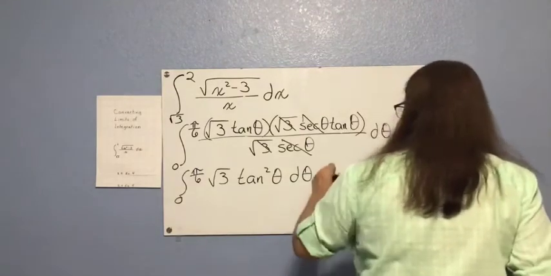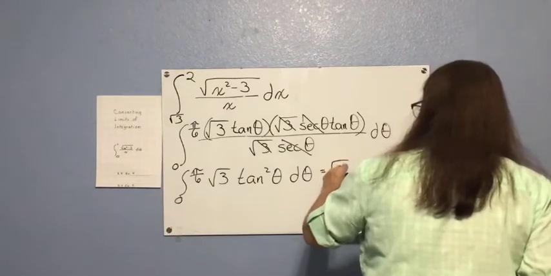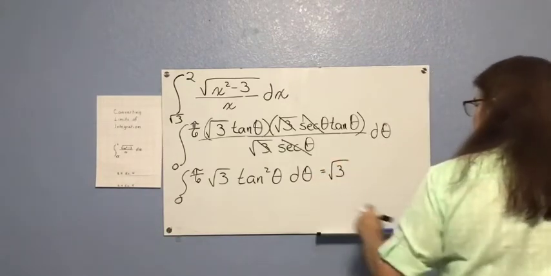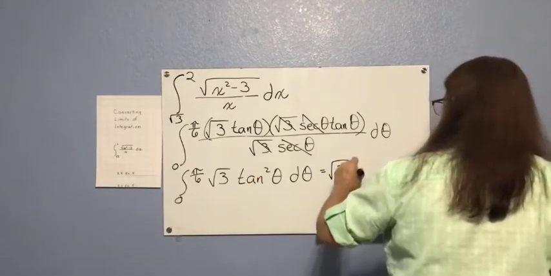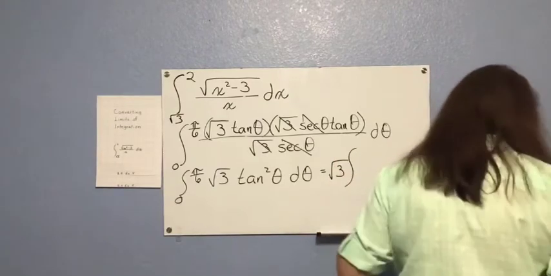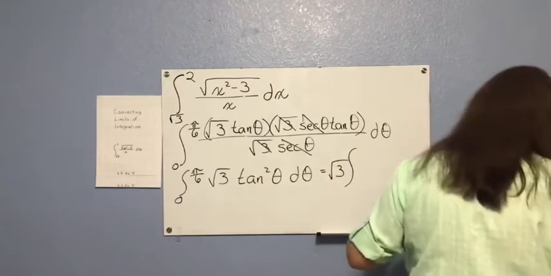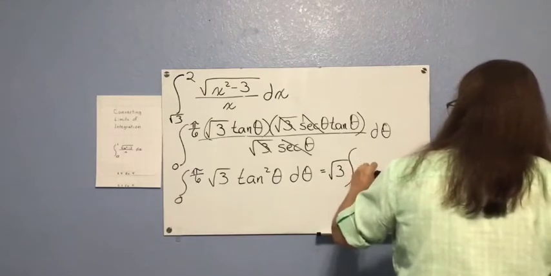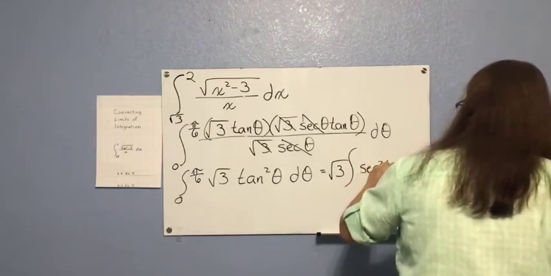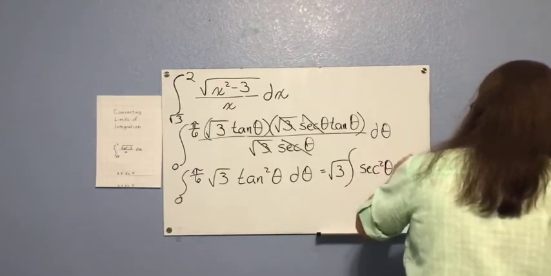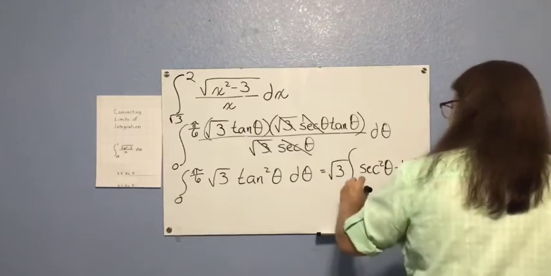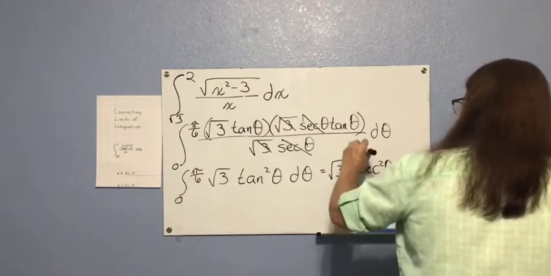Okay, I'm going to take the square root of 3 out and then replace tangent squared theta with secant squared theta minus 1. Don't forget your limits here.